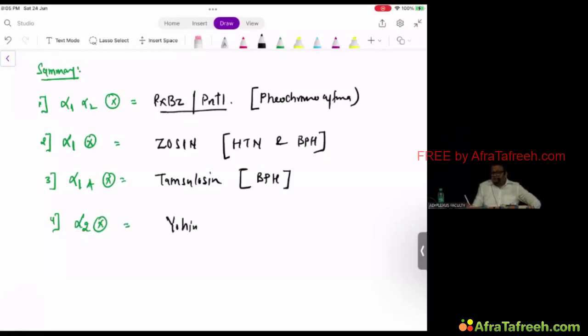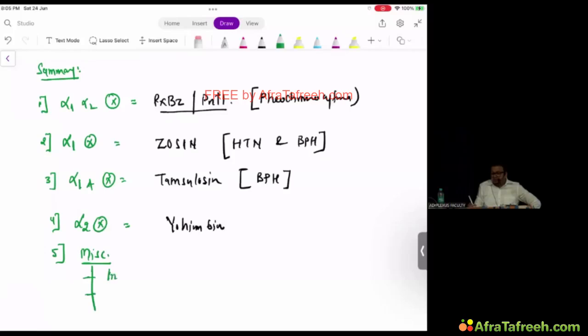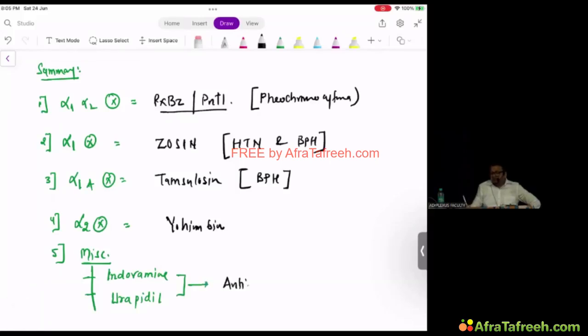That was yohimbine. Then, to complete the topic, there are some miscellaneous alpha blockers: indoramin and urapidil. These are also alpha blockers and they are also used as antihypertensives.